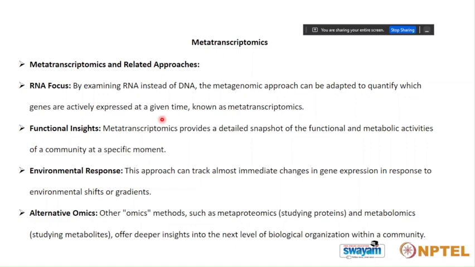Basically these tools will help us to identify the microbial community and their potential. So if we know a certain microorganism can degrade a target pollutant, then I can use that microorganism for my bioremediation purposes. So this is how these tools are helpful in bioremediation.